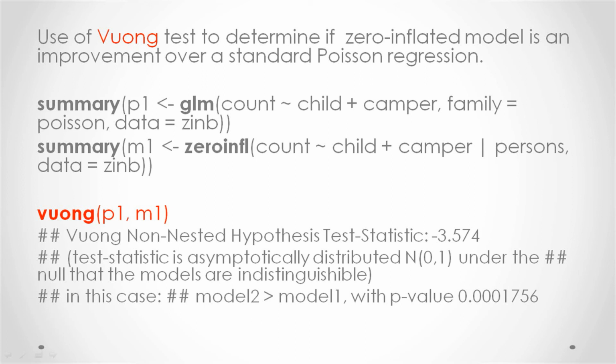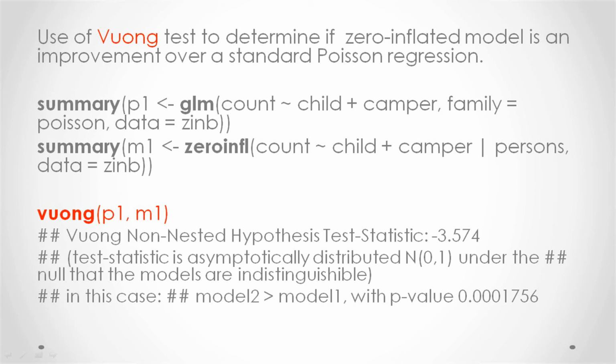P1 is the object which fits a GLM, the standard GLM with the log linear model to the data. M1 is the object which fits a zeroinfl model to the data, that is the ZIP regression. Having fitted these two models, we can type vuong(P1, M1), and this will perform a test of the non-nested hypothesis comparing these two models.